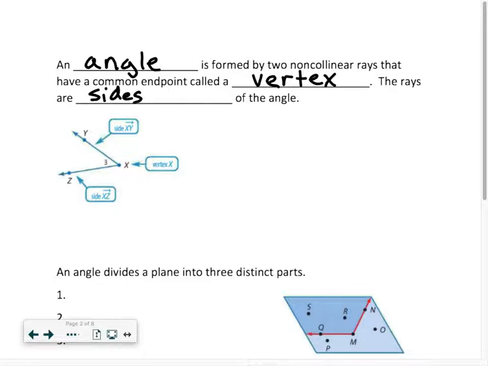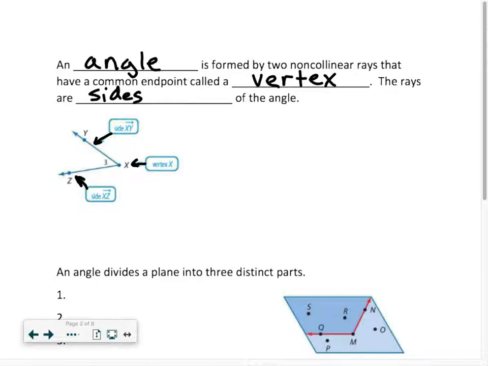So you can see here, this angle, angle 3, the vertex is that point X. It's the endpoint of ray XZ and ray XY. Again, the rays are called sides. The endpoint is what we call the vertex.